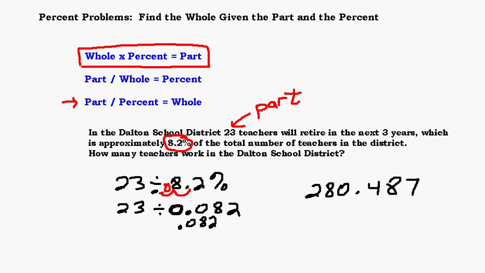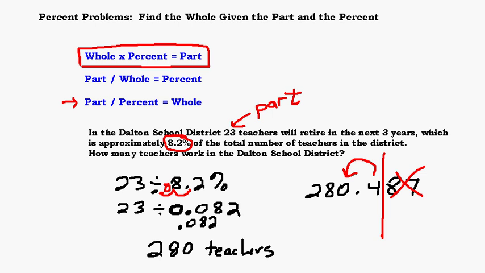If I'm going to round to the nearest whole number, I'm really going to look at just the digit right after the whole number. I don't even care about this stuff. I'm just looking at the 4. And I'm asking myself, will that 4 round that 0 up to a 1? And since it's not 5 or bigger, it will not round it up, and I'm going to keep it at 280. So approximately 280 teachers in the whole district.